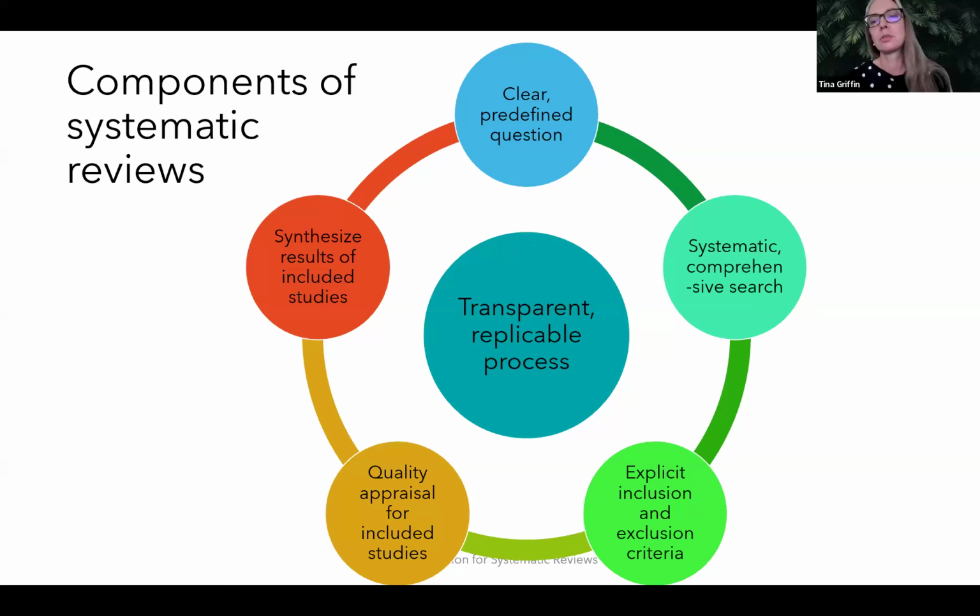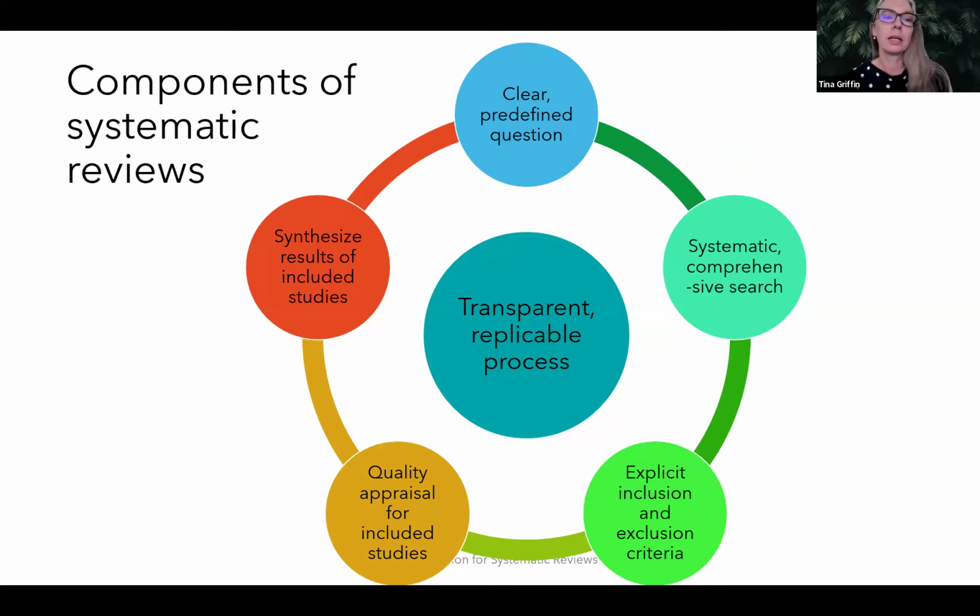From there, you have to do a systematic comprehensive search. In that process, there are explicit inclusion and exclusion criteria that you apply to the results of that search to determine what gets included and what you don't. Then you do a quality appraisal for those included studies.